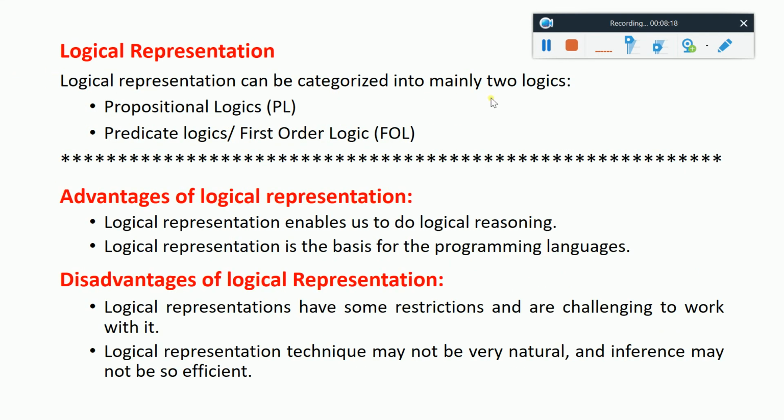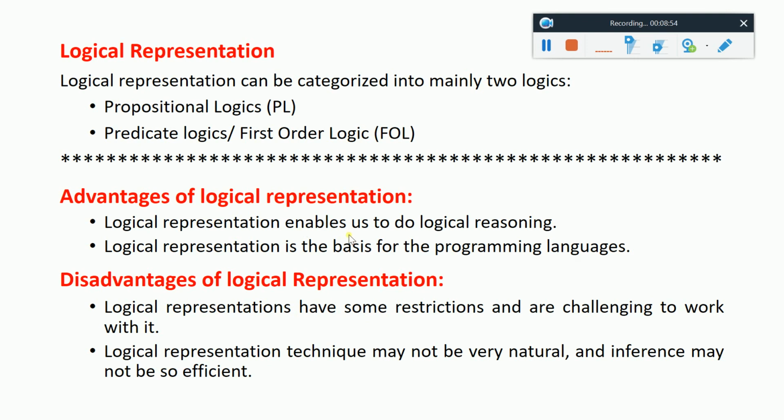So there are two types of logics we will cover in this logical representation. The first one is propositional logic, or we can say propositional calculus. The second is predicate logic, which is also called first order logic. And the terminologies used for this: for propositional logic, we call it PL, and for predicate logic, we call it FOL, that is first order logic. And in the last, we will discuss the advantages of logical representation.